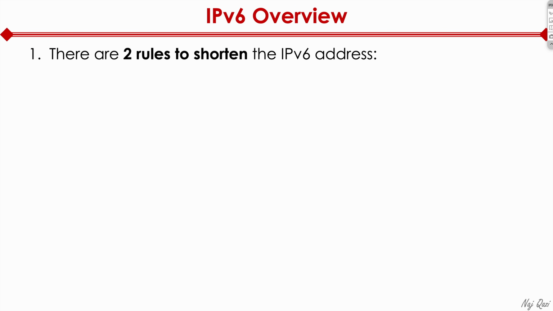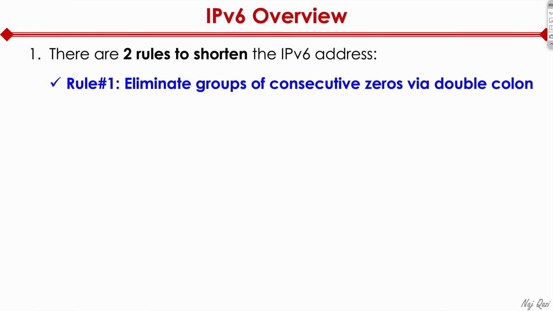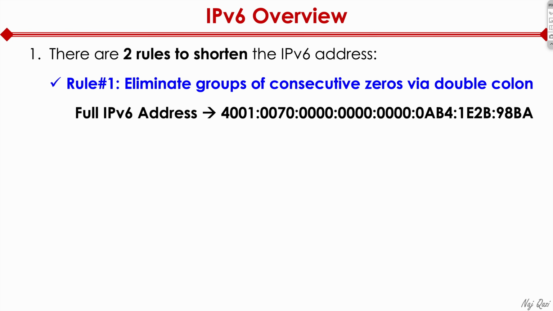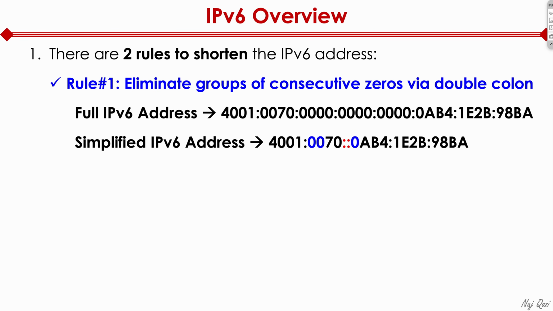So there are two rules to shorten the IPv6 address. Rule number one is eliminate group of consecutive zeros via double colon. So what does that mean? So if we look at this full IPv6 address that we looked at just a moment ago, 4001:0070, so on and so forth, the simplified version of this IP address could be written as this.